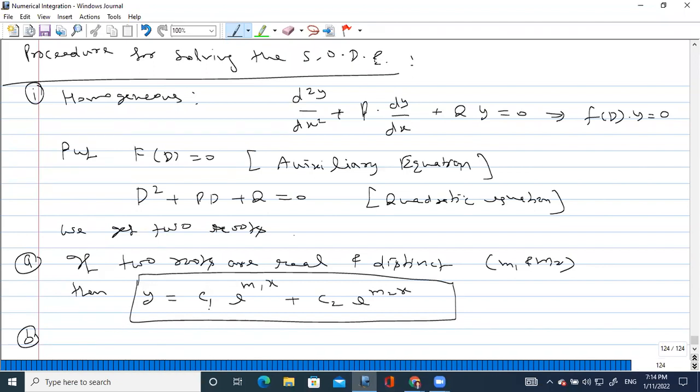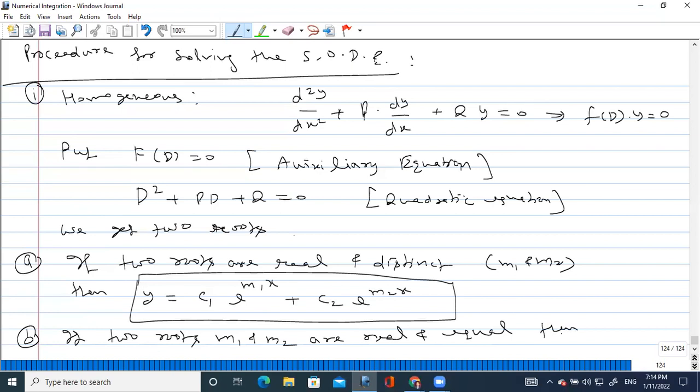Now the next thing is, if the roots are real and equal, they are not distinct. If two roots m1 and m2 are real and equal, so once they are equal, they will become m1 equal to m2 equal to m, suppose.